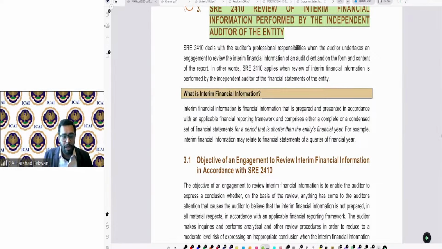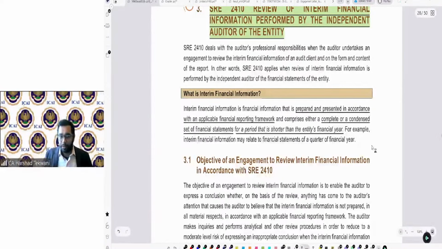But in normal circumstances, interim financial information is that which is prepared and presented in accordance with the applicable financial framework, which is either a complete set or a condensed set of financial statements for a period shorter than the entity's financial year.